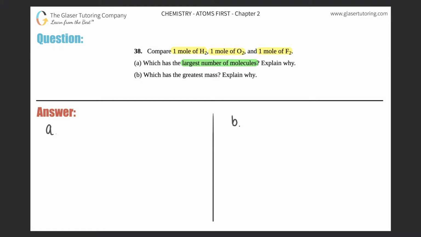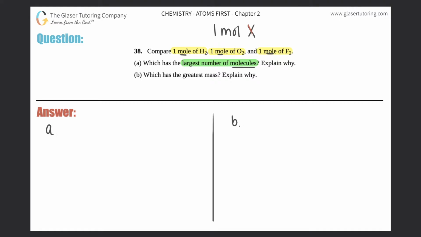B over here. In order to answer this question, we need to know the conversion factor between moles of something to its molecules. I'll write that up top here. I'll put moles in the middle because you'll see what I'm going to do here. So I'll say 1 mole of anything.